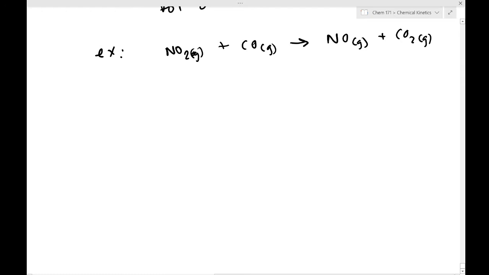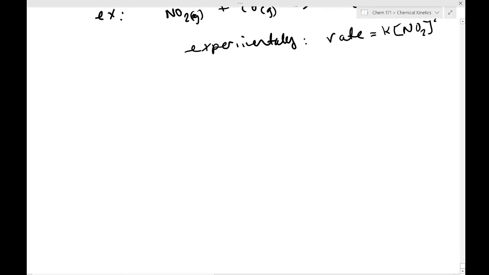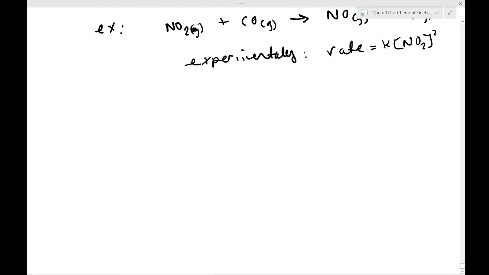Okay, recall that experimentally, the rate law for this overall reaction ends up equaling k times [NO2] squared. So it's completely dependent on NO2, and it's a second order rate law.